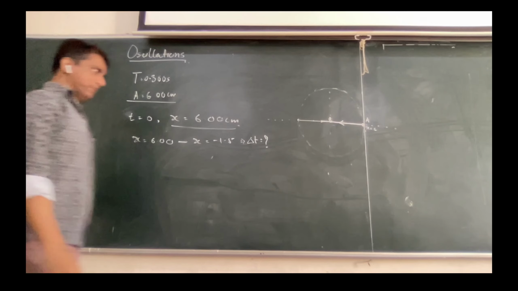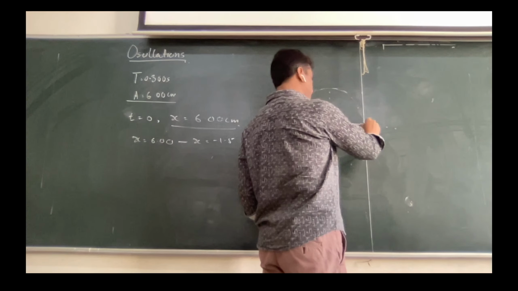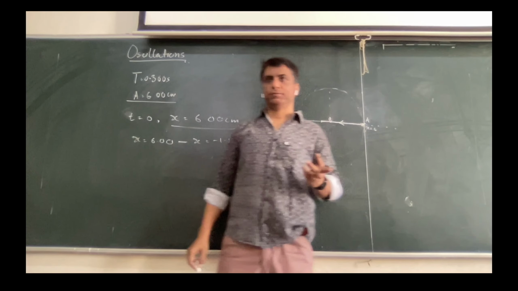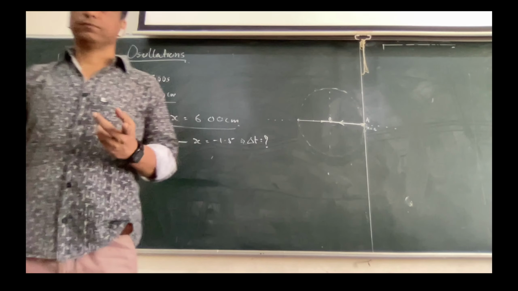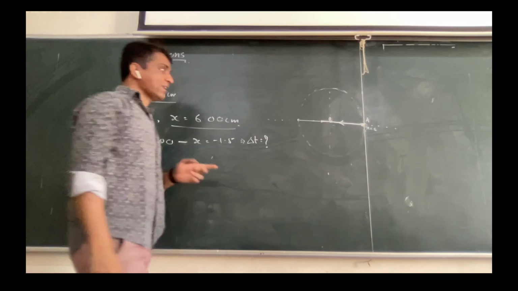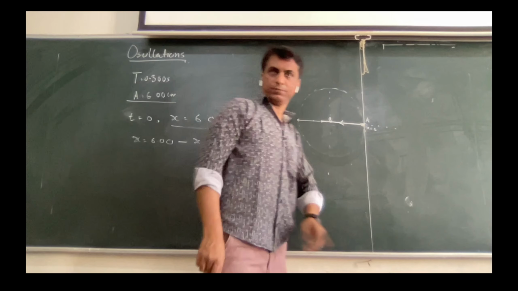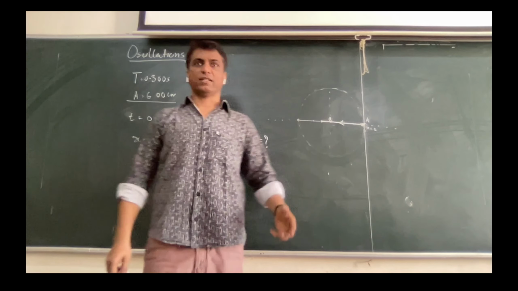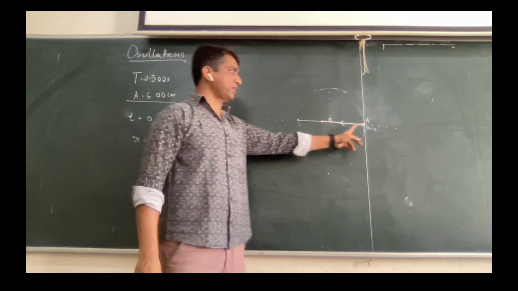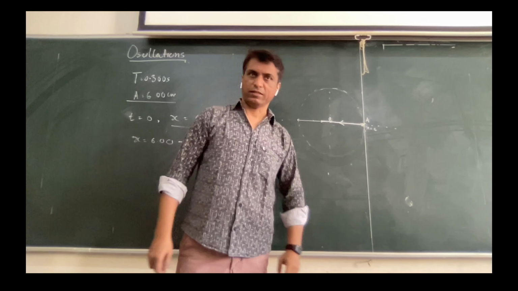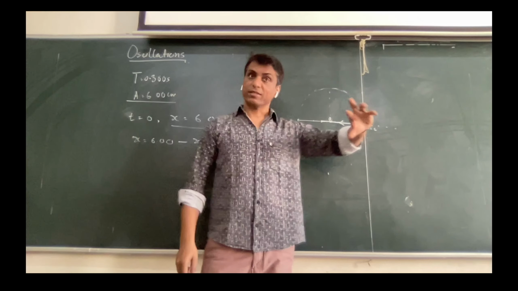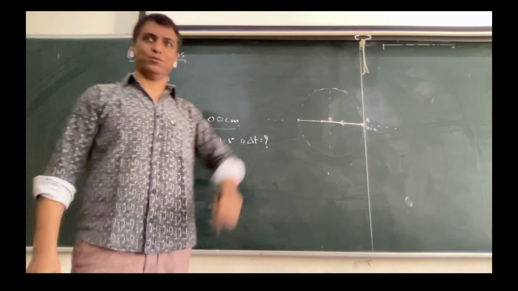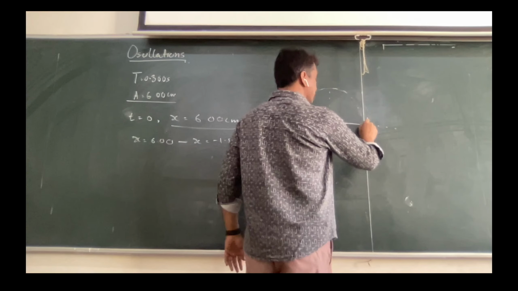Now, when the SHM particle is here at this point, where is the circular motion particle, of which this is the projection? Right now the SHM particle is here. Where is the corresponding circular motion particle? It will be there only. That's right. The circular motion particle is here only.